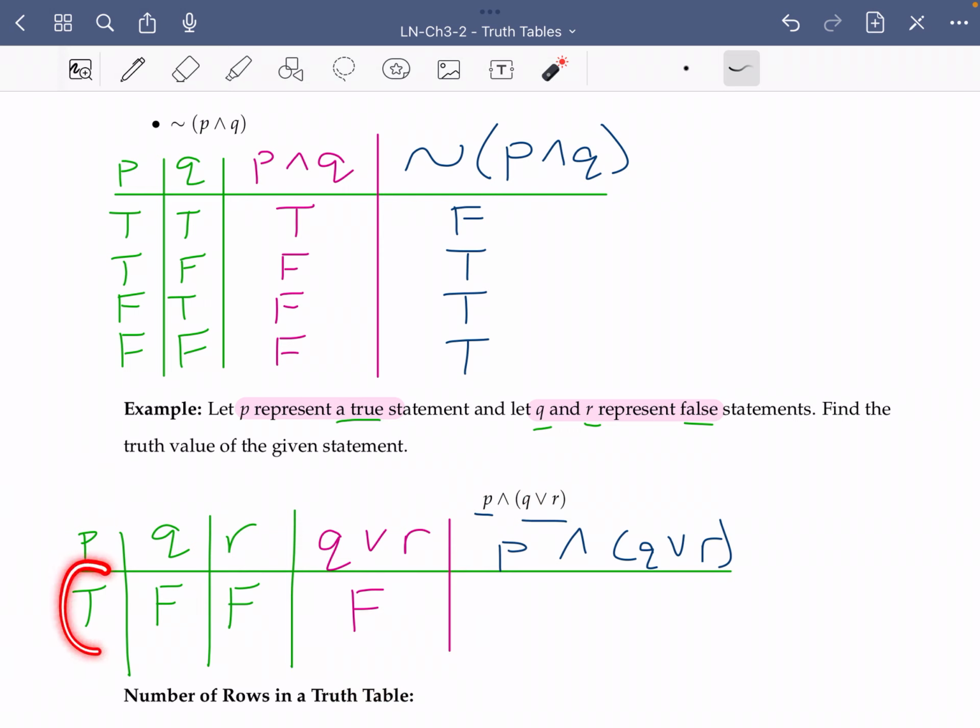So we have true and false. For a conjunction, that will only be true if both pieces are true. Since this piece was false, the conjunction of those two pieces is false.